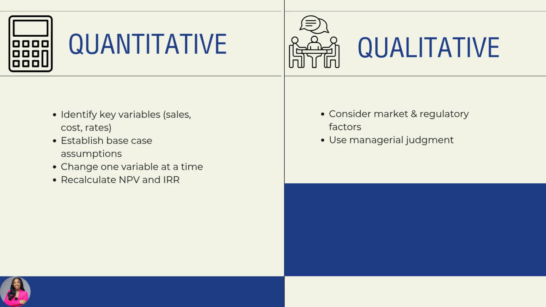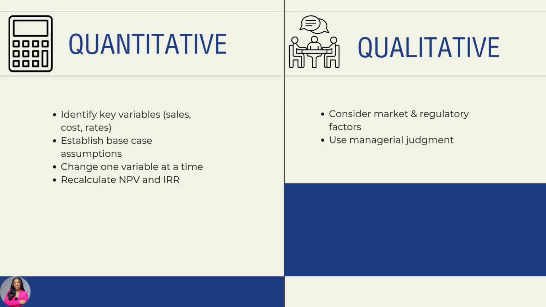So next, we're going to talk about quantitative and qualitative steps. Conducting a sensitivity analysis involves both quantitative and qualitative steps. On the quantitative side, the process begins by identifying key variables that affect profitability, such as sales volume or pricing, and including costs and discount rates.